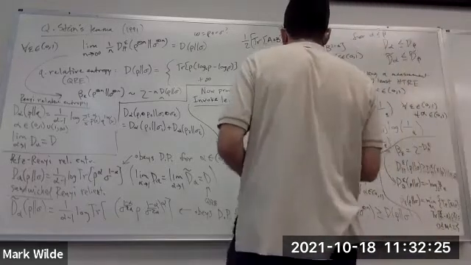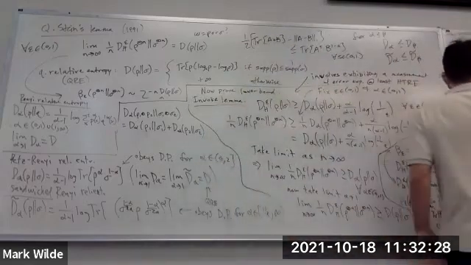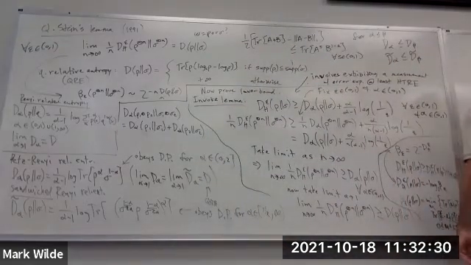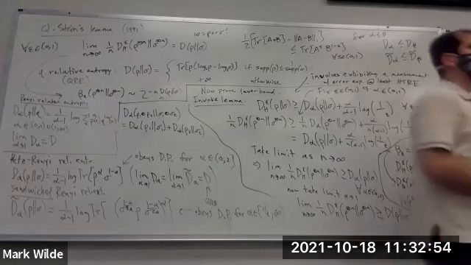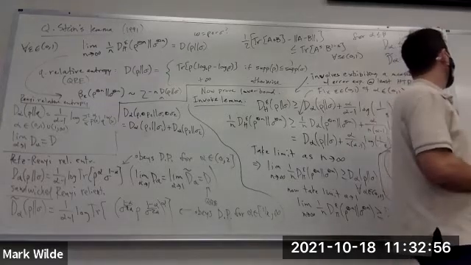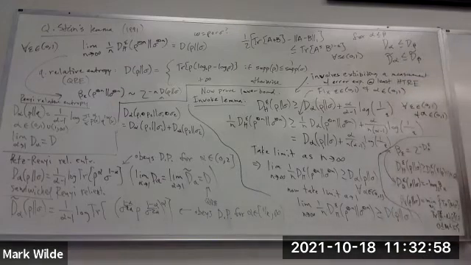Remember, the Chernoff quantity is this. And so you could rewrite it, right? 1 minus f.